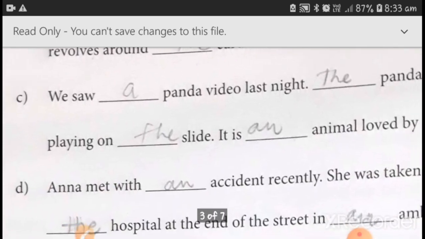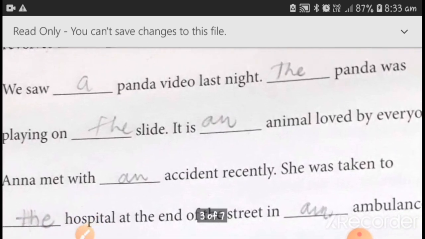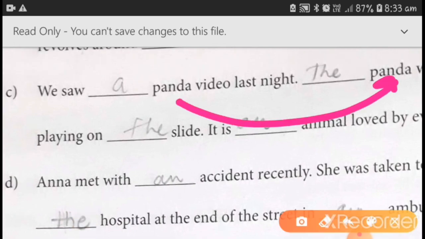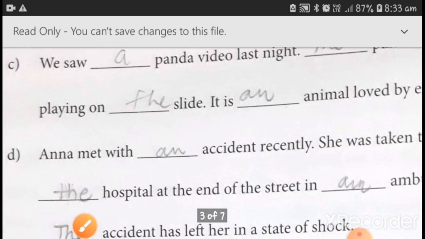Now, C is, we saw, we will not say it is saw, we saw a panda video last night. The panda was, see, this you come to know very well. Again, we are talking about the panda, means we have to use the article before it. So, the panda was playing on the slide.